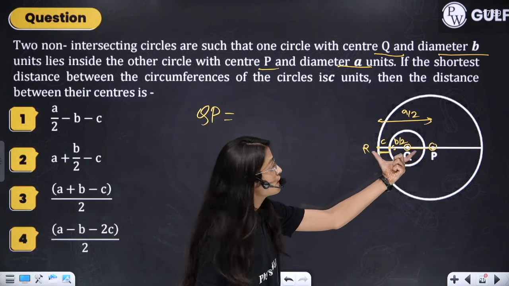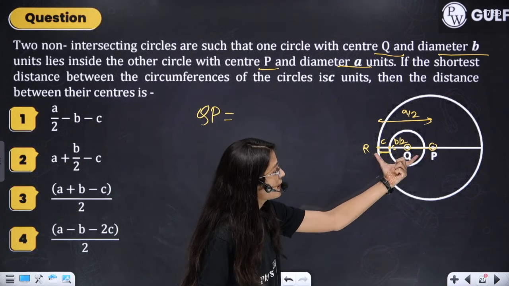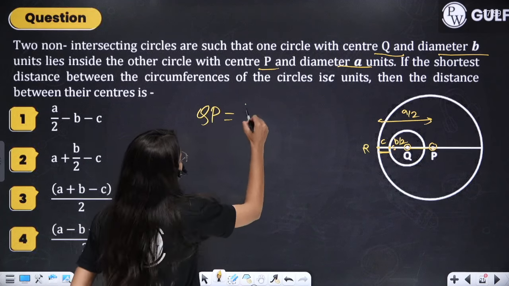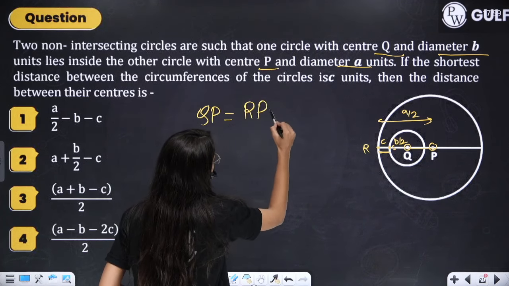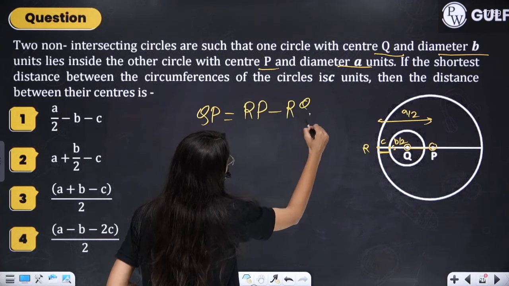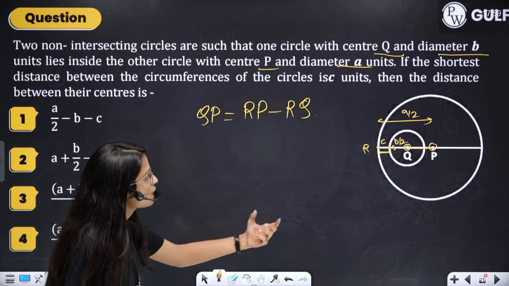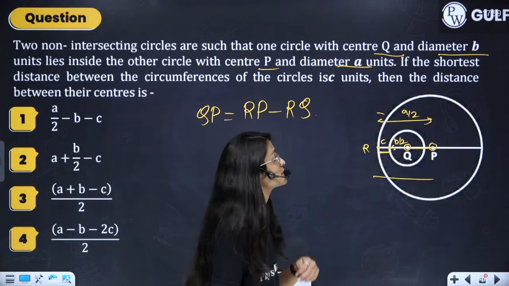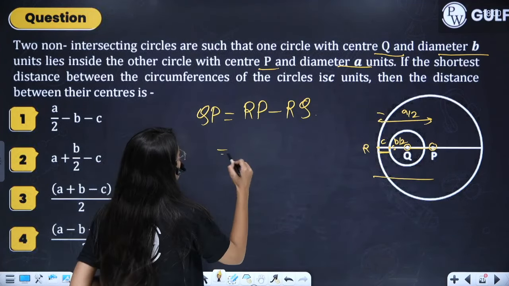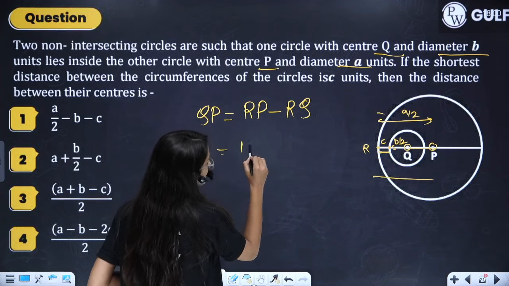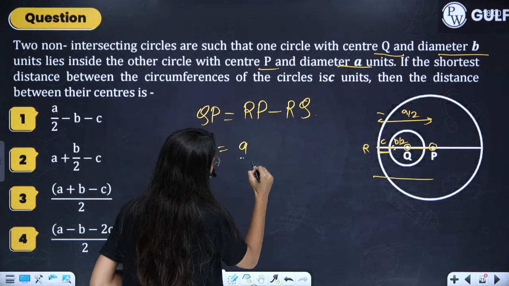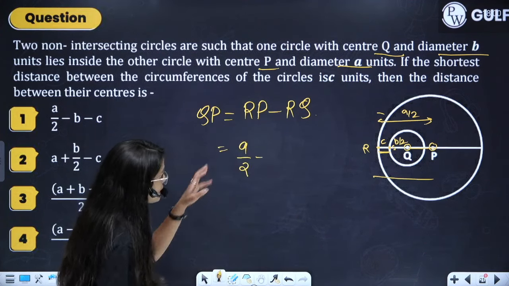To get this QP, I'll take the value of RP and subtract RQ from it. RP minus RQ. And what's this RP? RP is nothing but the radius of our bigger circle. So to obtain the value of QP, I'm taking RP, which is my A by 2, and I'm subtracting RQ from it.